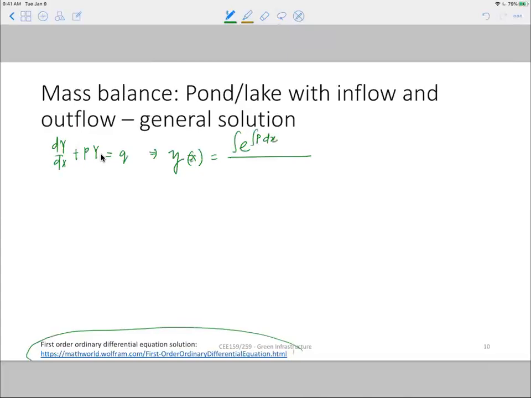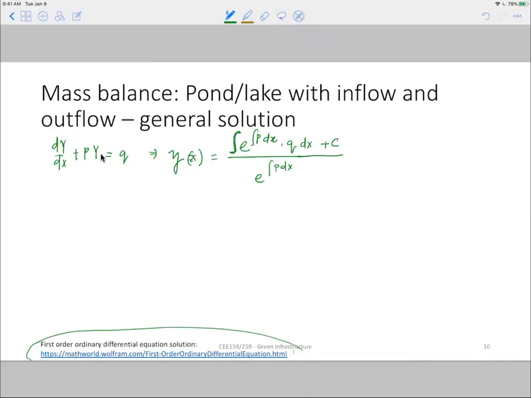That's the integral on the left side. Then the integral of q dx plus an integration constant, divided by the same exponential of p dx.